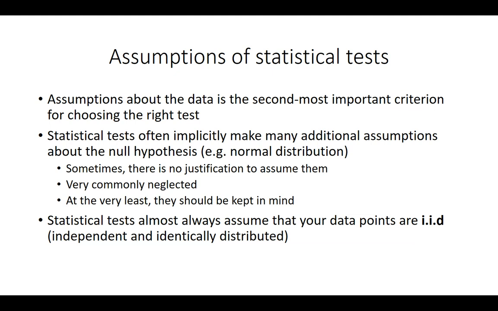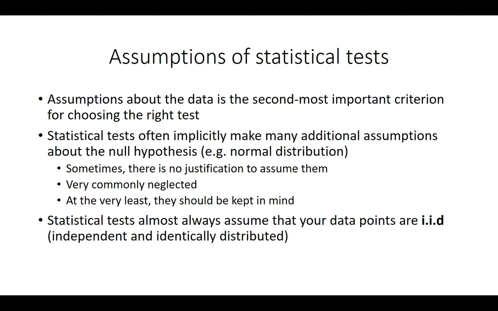These kinds of assumptions are really very commonly neglected, and I think it's important not to neglect them. At the very least, if you have them, then just try to keep them in mind and make sure that later when you try to interpret the results, you keep in mind all the assumptions that the tests have made and try to think whether they might have been broken.